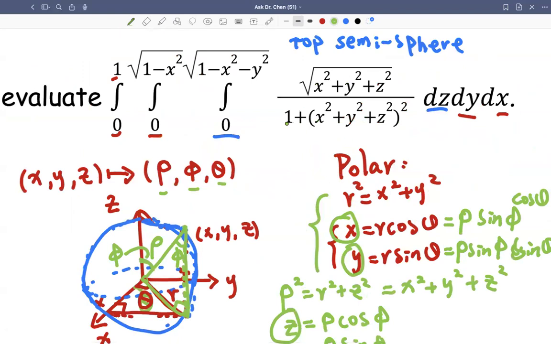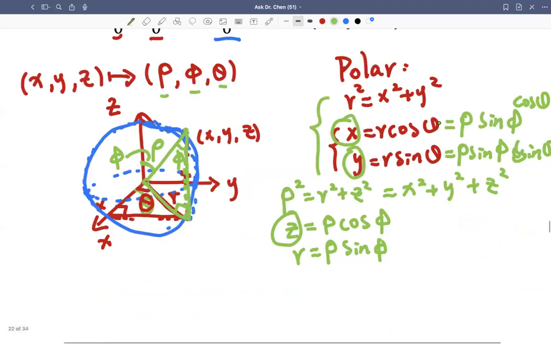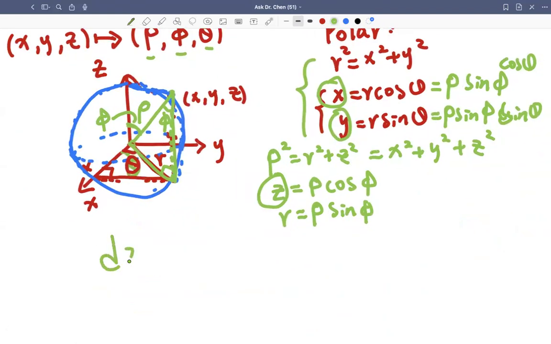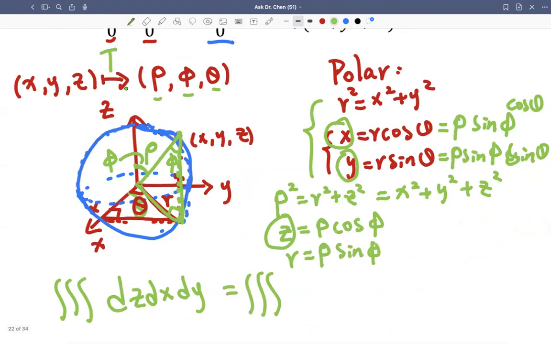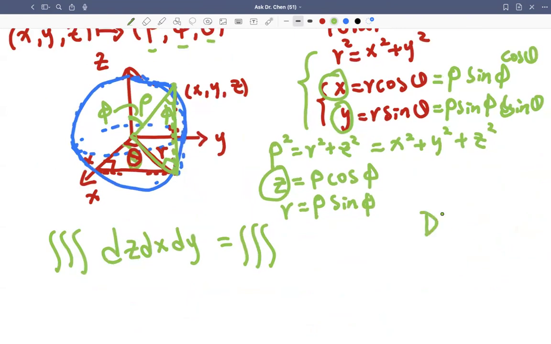So obviously we want to change those variables to spherical coordinates. And so dz, dx, dy, when we integrate these 3 dimensions, we can do some calculation. Basically change our variables. So if we call this t, then we can calculate the dt, and specifically we can get the determinant of dt.